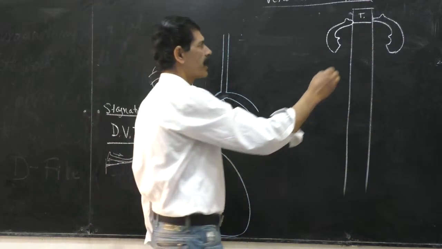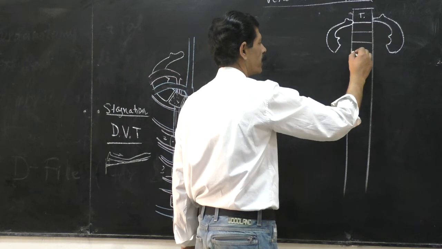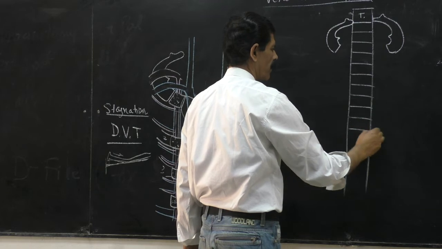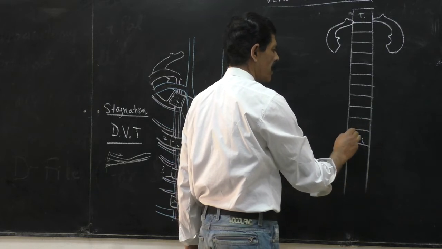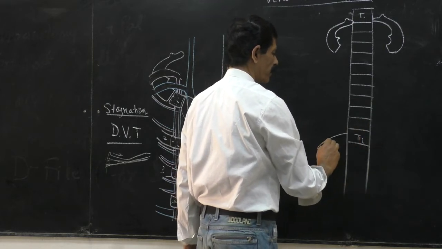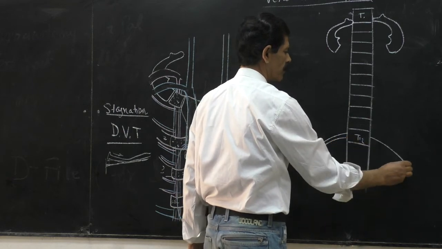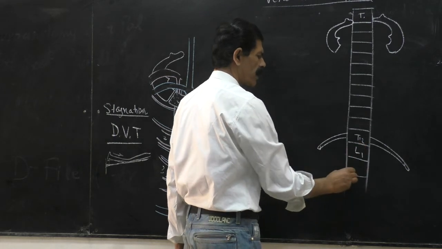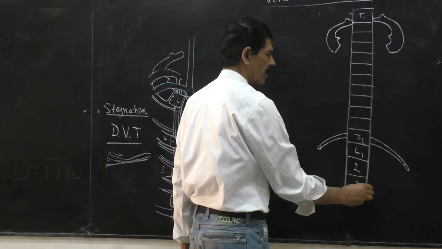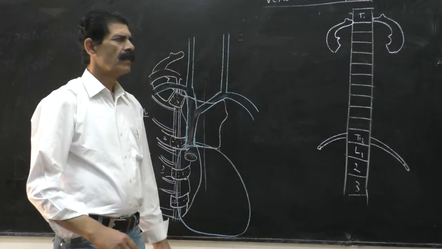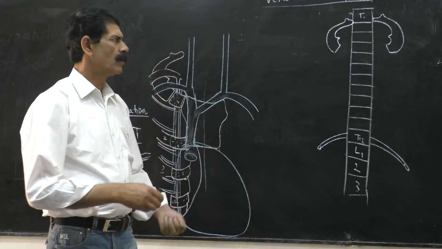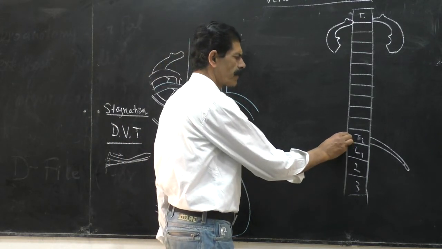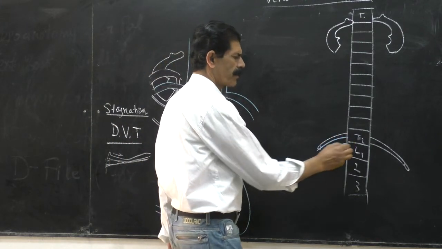And all the other vertebrae, T2, T3, 4, 5, 6, 7, 8, 9, 10, 11 and 12 is the last thoracic vertebra. The last floating rib is 12th. Then the lumbar vertebra of the abdomen start L1, L2, L3, L4 and so on. So the last intercostal vein belongs to the last rib.